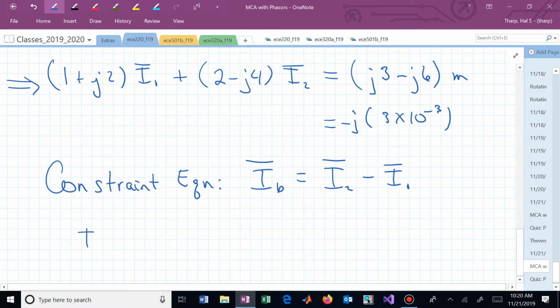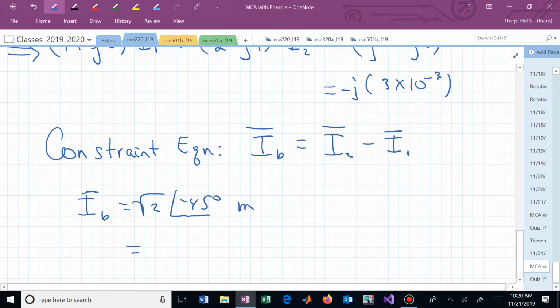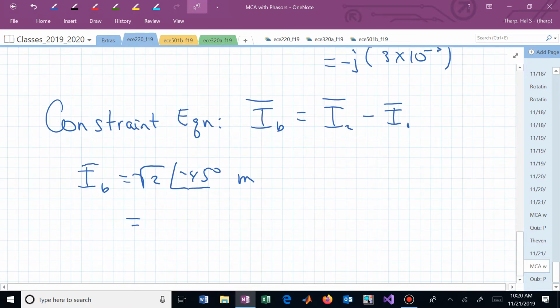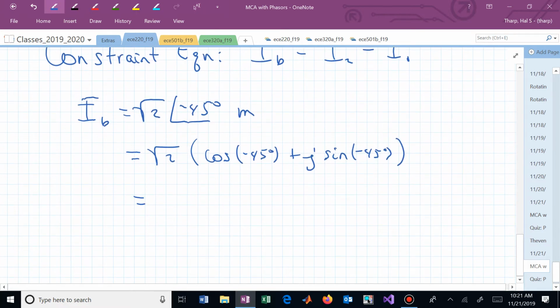And I sub B was this square root of 2 at minus 45 degrees milli. If you invoke Euler or just put this into rectangular form, that's square root of 2 cosine of minus 45 plus j sine minus 45. Cosine and sine of 45 are 1 over the square root of 2, so this ends up being 1 minus j1 milli.